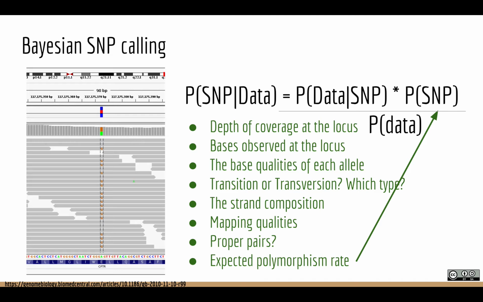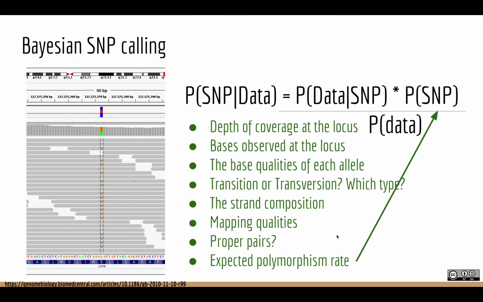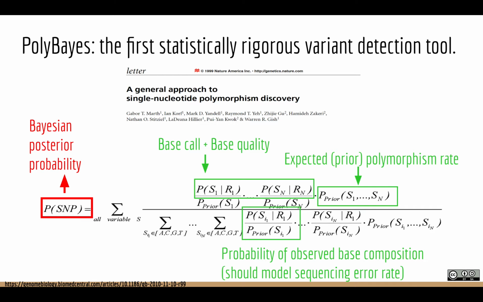We're not going to get into how you model all that stuff. I just want you to be able to think through what's happening. This gets at really what's going on in PolyBayes. It's the same equation, but it's expanded out into all the things that are modeled.